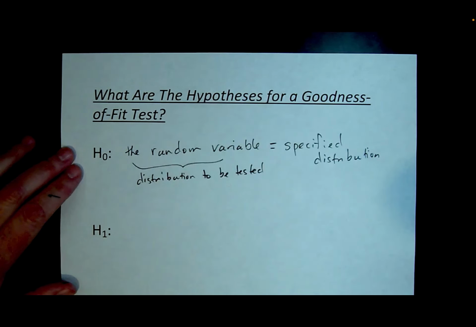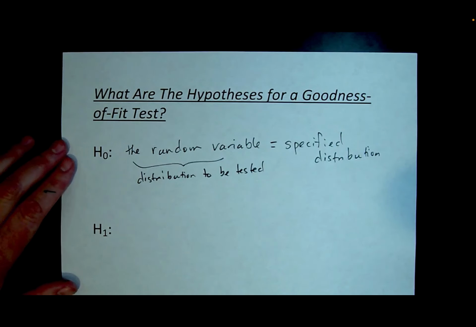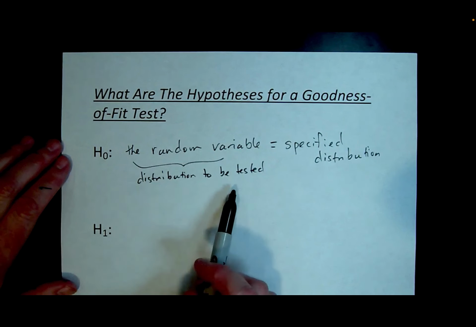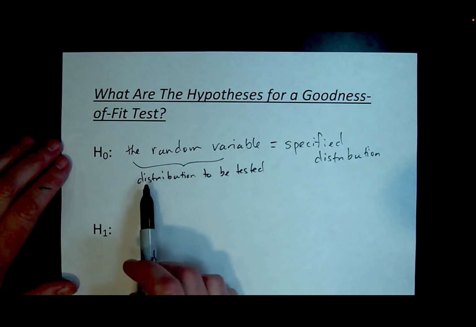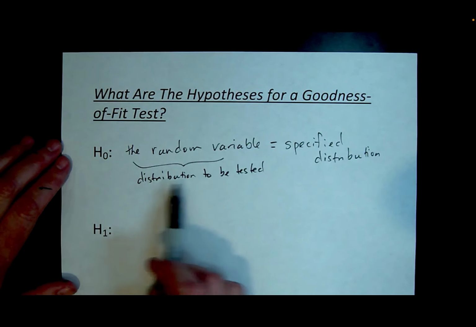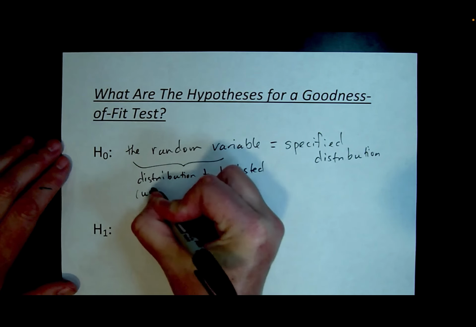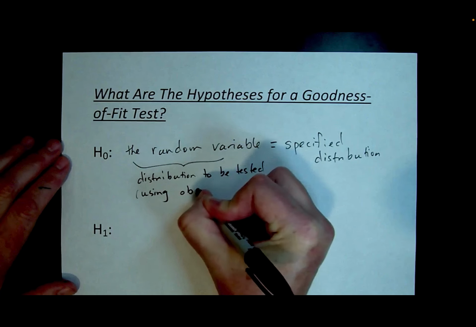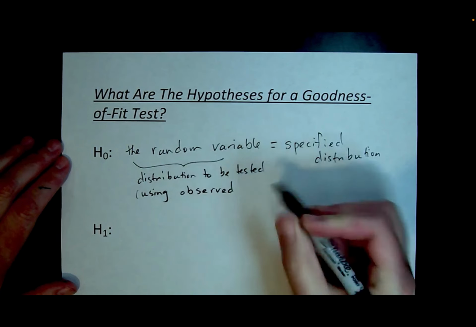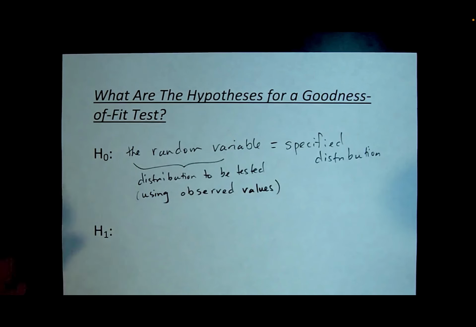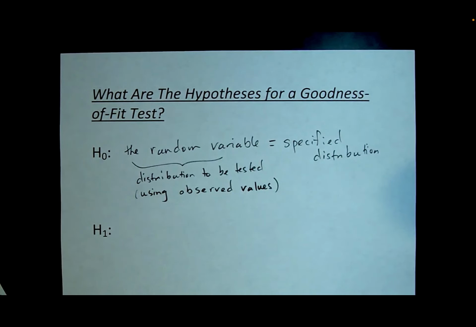And the word that's going to be associated with this is observed values. So the distribution we're testing is something we've observed. So how about I make the note using observed values. So we've observed some data, and we want to know if the distribution of that data that we've observed matches or doesn't match some specified distribution.